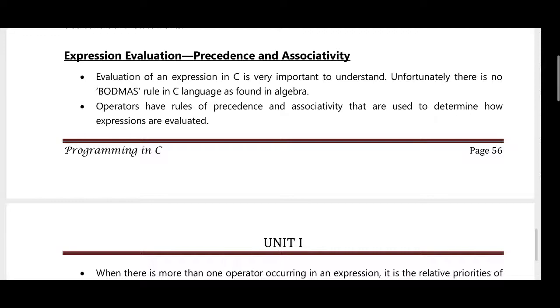Evaluation of an expression in C is very important to understand. Unfortunately, there is no BODMAS rule in C language as found in algebra. Operators have a rule of precedence and associativity that are used to determine how expressions are evaluated.